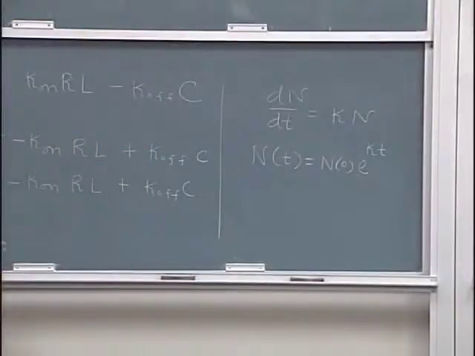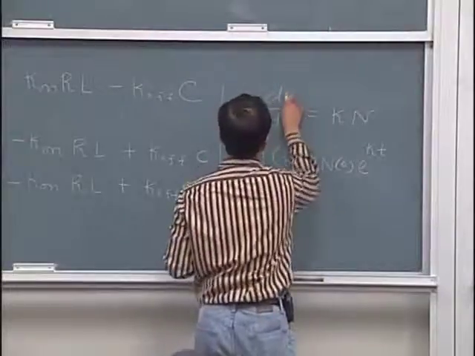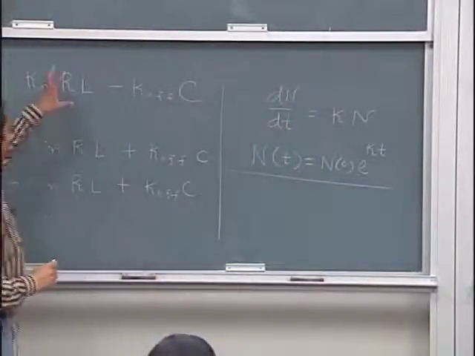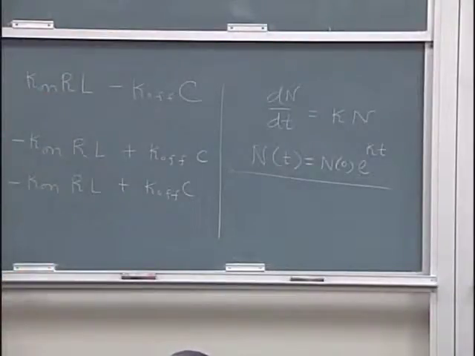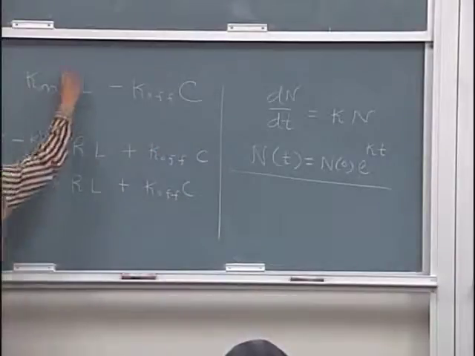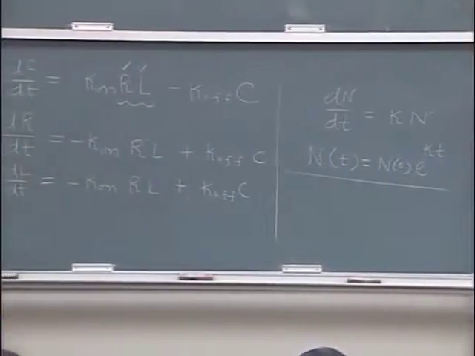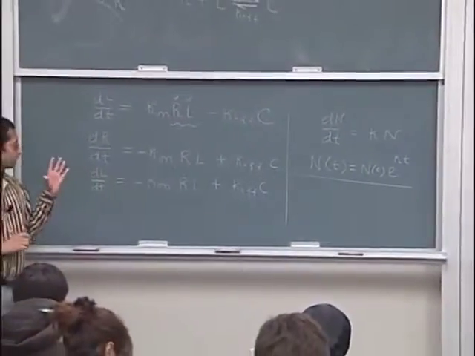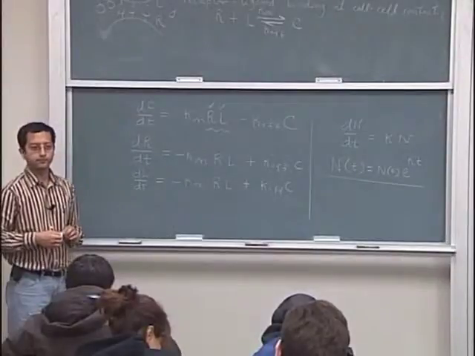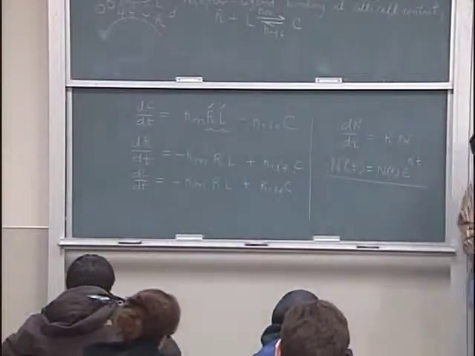But once I have receptor ligand binding, this equation is no longer a linear equation like this. The reason is I have R times L as a product. So can you think of ways of solving this equation? I mean, solution means this kind of analytical solution.